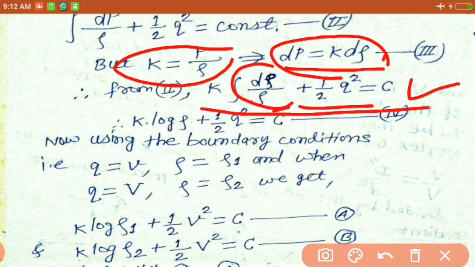The integration of 1 by rho is log rho, so k into log rho plus 1 by 2 q square is equal to c.